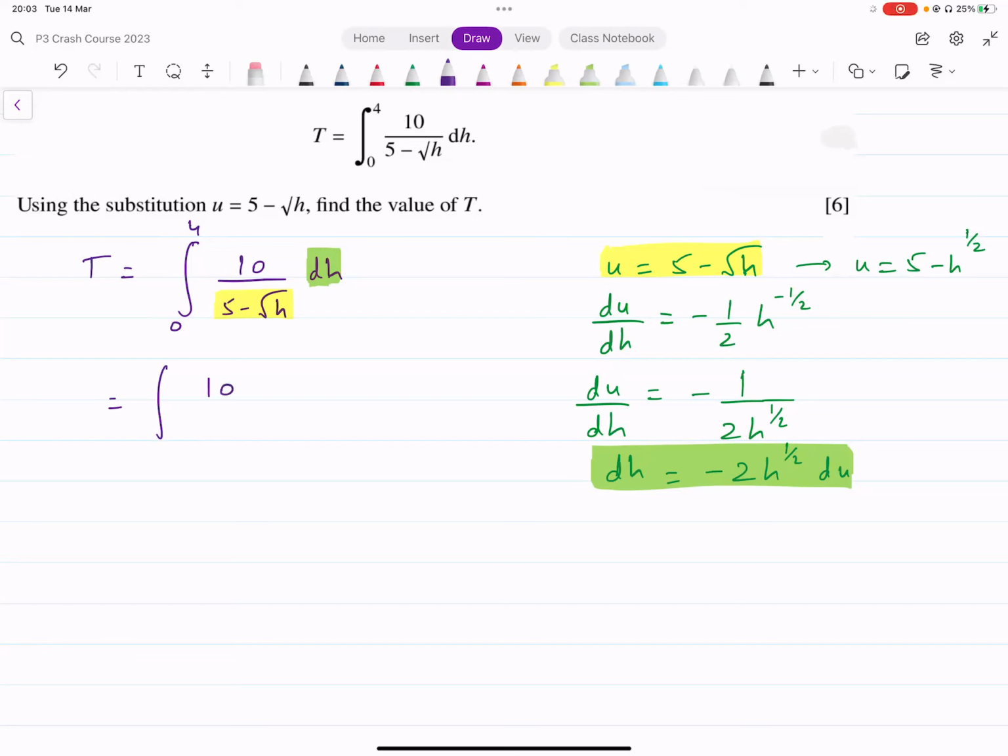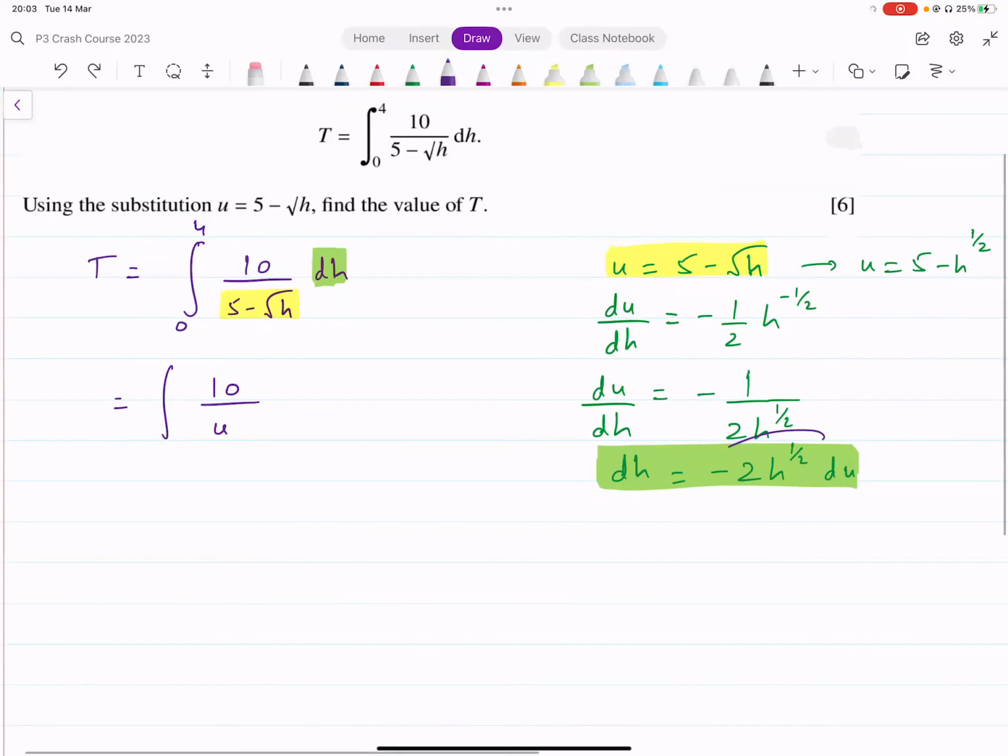We have 10 in the numerator. In the denominator, 5 minus square root of h is replaced with this u. So we have 10 over u here. Okay, that's the first part. Then, what can we replace dh with? Instead of dh, we can write this whole thing, which is minus 2h raised to power 1 over 2 du.